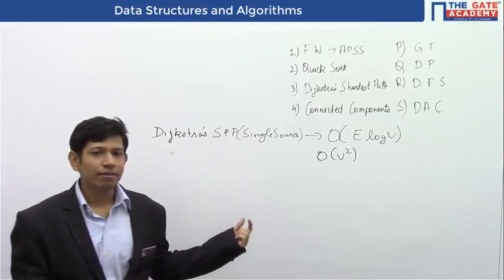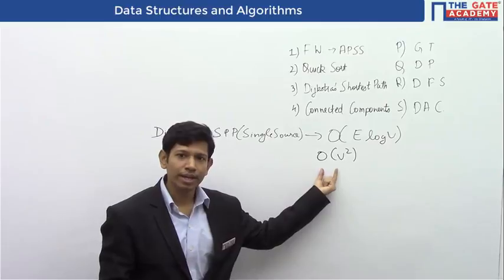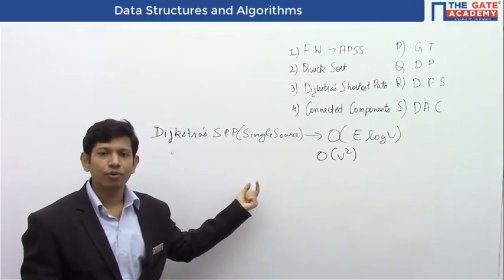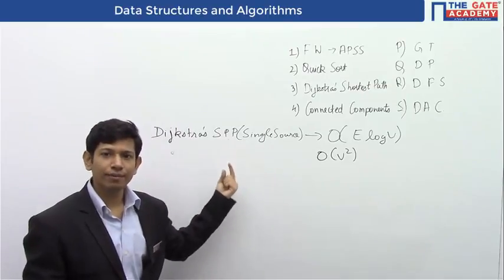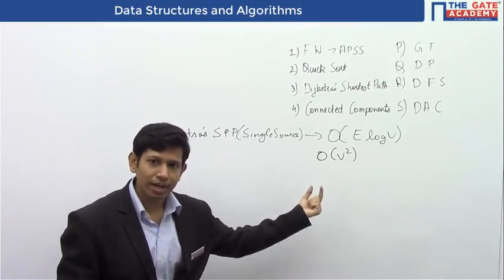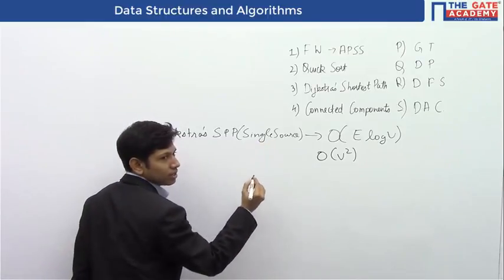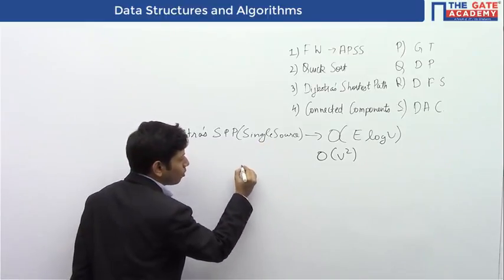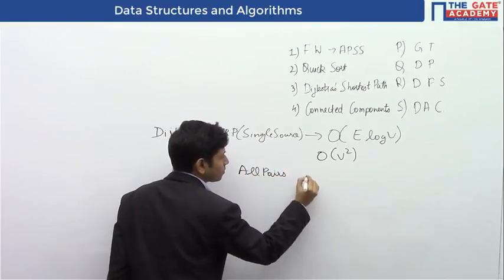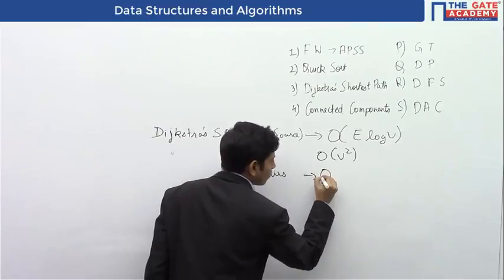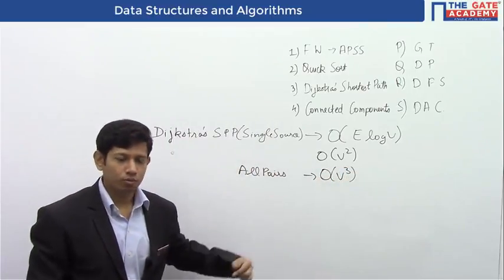So if we have V vertices and for one vertex the time complexity is V square, what will be the time complexity for V vertices? For one vertex it is V square, so for V vertices it will be V into V square, which is order of V cube. So for single source we have V square, for all pairs it will be order of V cube.